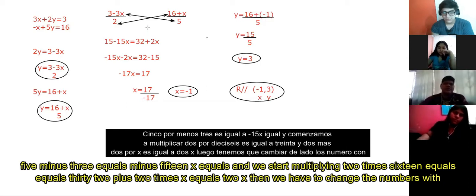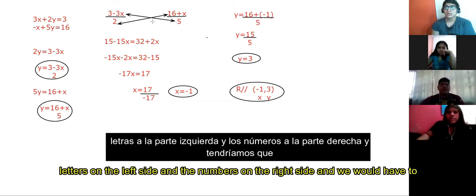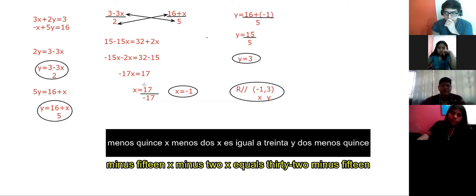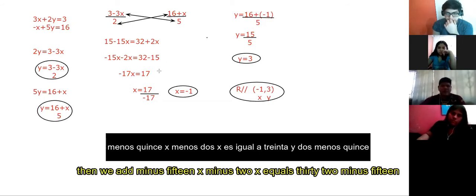We have to change the number on the left side and the number on the right side, and we will have minus x minus 2x equal 32 minus 16. Then we have minus 16x minus 2x equal 32 minus 16.